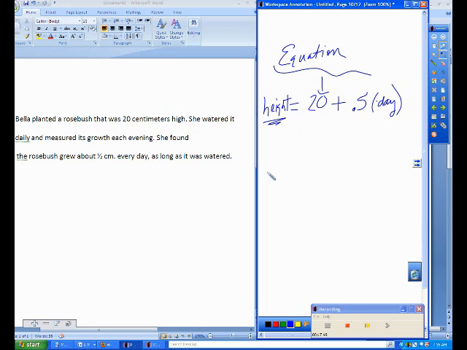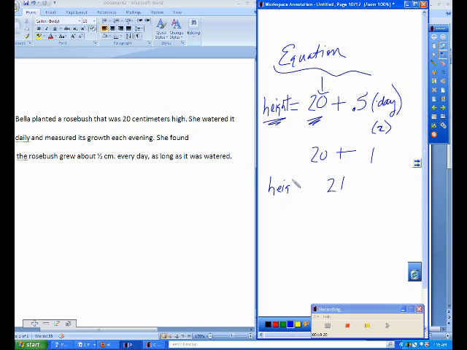The final height is determined by what it started out with originally, 20 centimeters right there, plus we're going to add 1/2 centimeter times the number of days that we are watering this rose bush. So, for example, if we let it grow for 2 days, I would multiply 1/2 times 2, which means it grew 1 centimeter. 20 plus 1 would be 21.